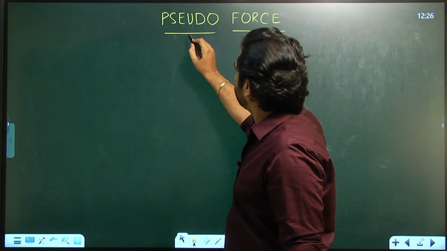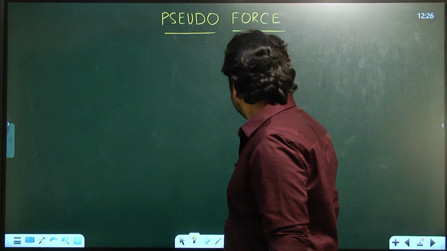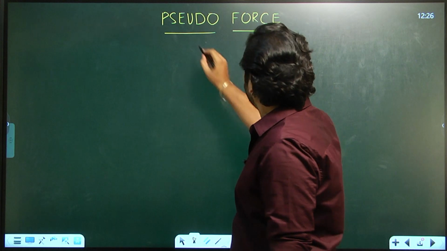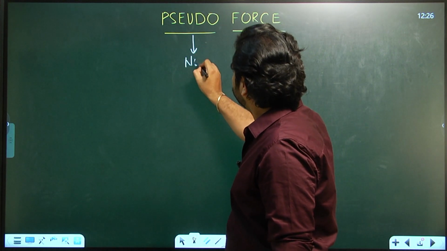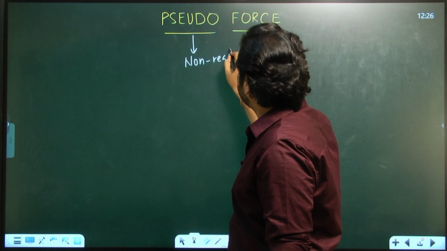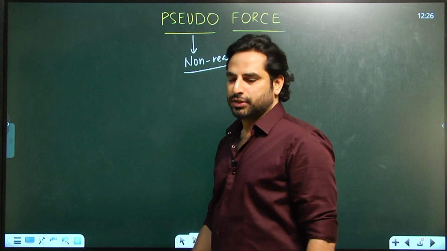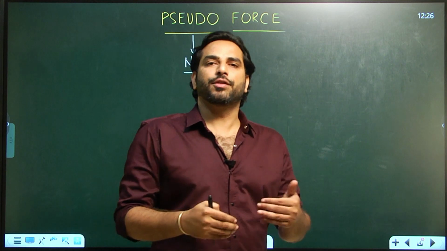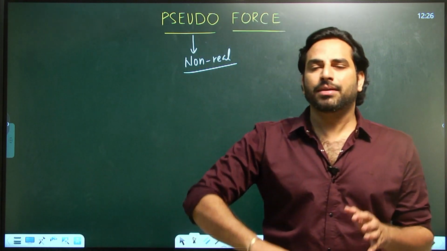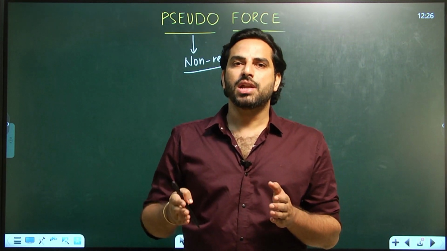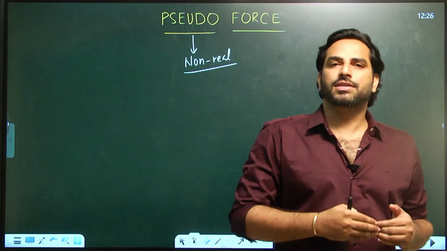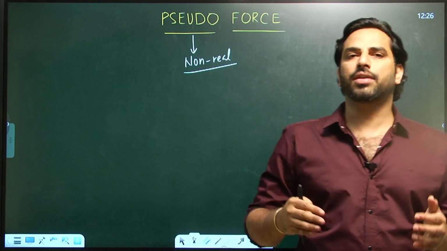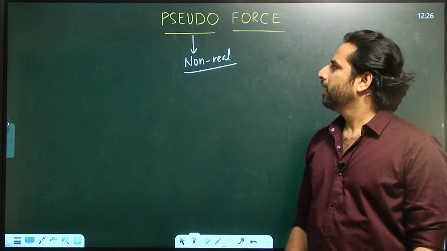First of all, let us understand the meaning of the word pseudo. The word pseudo means non-real, the one which is not real. So pseudo force is not a real force. It is an imaginary force. It is only a mathematical adjustment that we do to make Newton's first and second laws work in a non-inertial frame of reference.